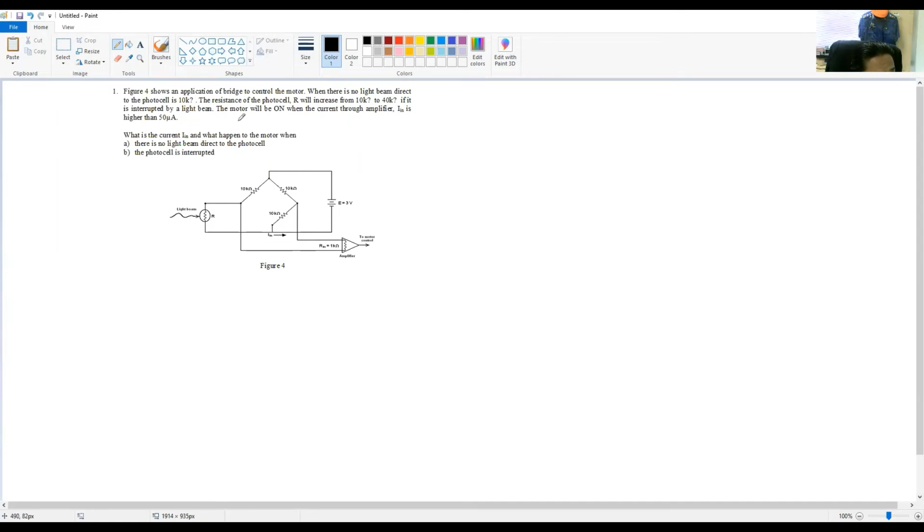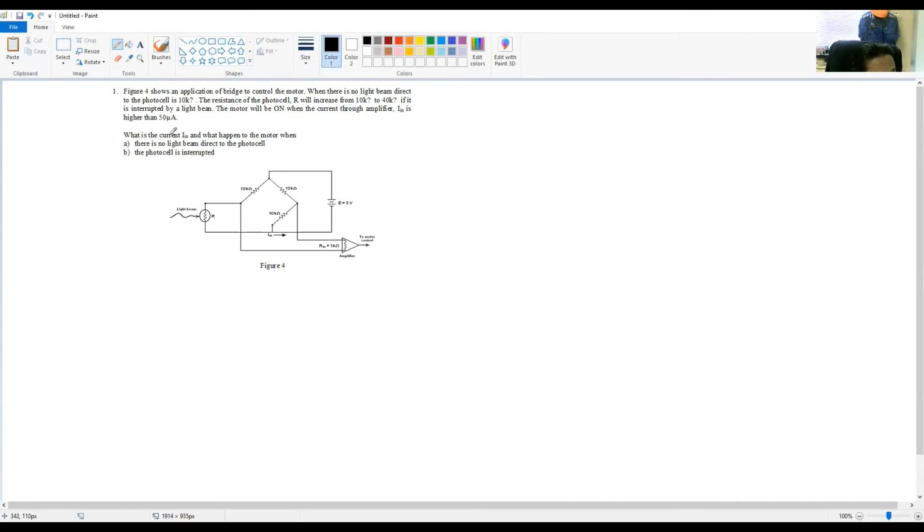The resistance of the photocell R will increase from 10K to 40K if it is interrupted by the light beam. The motor will be on when the current through the amplifier, I in, is higher than 50 microampere.